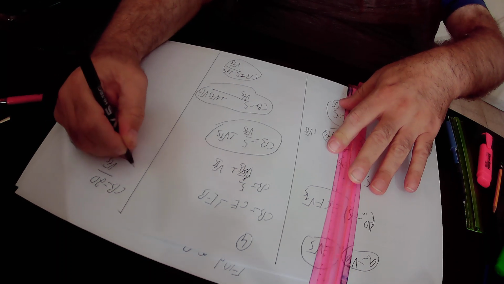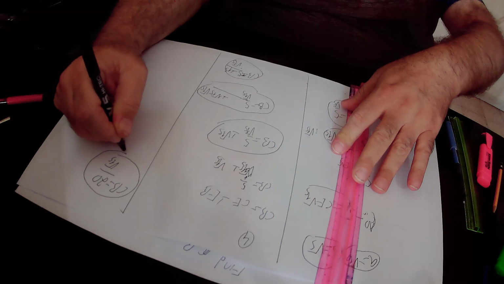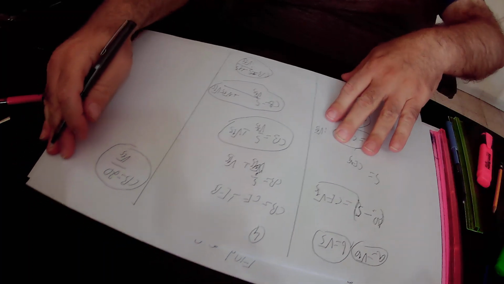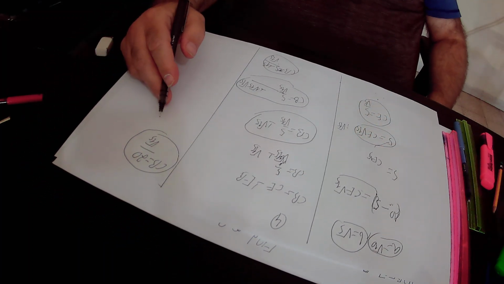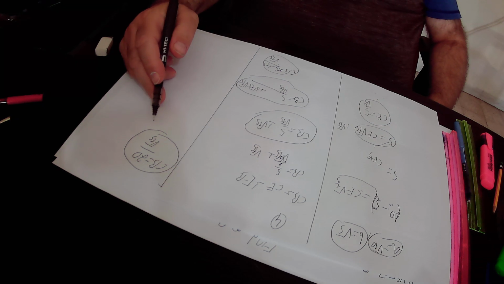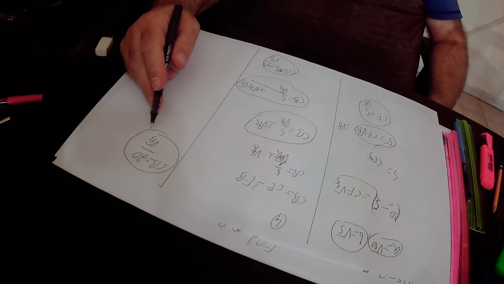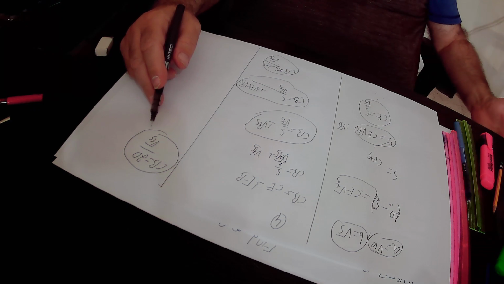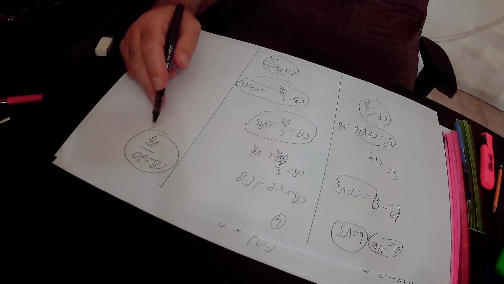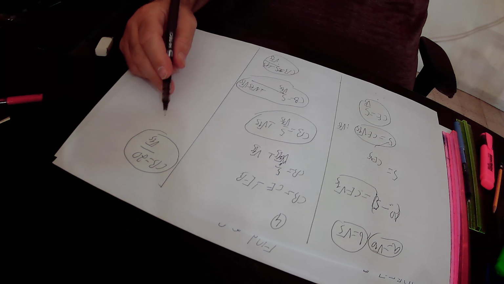Again, we don't want a square root in the denominator. Therefore, we will multiply this expression by square root of 15, and then divide it by square root of 15. We actually multiply it by 1, so we change nothing. But in this way, we eliminate the square root in the denominator.